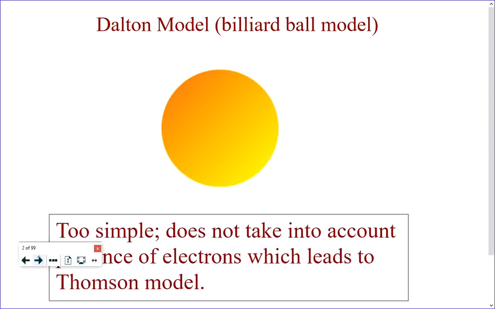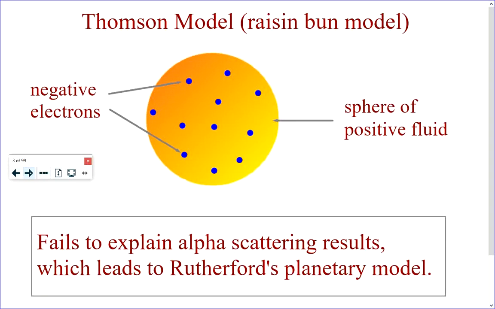When electrons were discovered, Thomson, after his discovery of electrons, or quantification of these cathode ray particles which we now call electrons, incorporated those electrons into the model of the atom that was current, which was Dalton's. We don't really talk about why this sphere is fluid-like, gelatinous-like in some way, but it has to do with the density of matter.